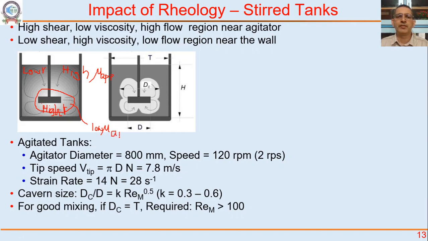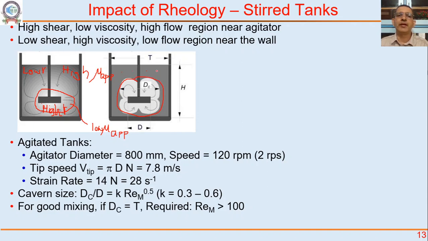Near the impeller, the apparent viscosity is low because the shear rate is high. So as if the impeller is rotating in a low viscosity liquid, it will nicely mix there, but far away the viscosities are large. Practically that region is not getting stirred. So what happens is we get a region in which only mixing is happening.